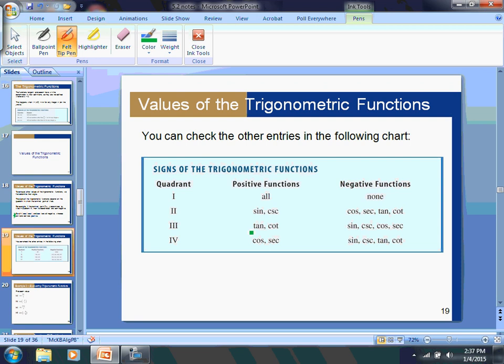In the third quadrant, tangent and cotangent are going to be positive because you have a negative divided by a negative. And in the fourth quadrant, only cosine and secant are going to be positive. Okay? So again, if you want to remember what values are going to be positive in which quadrants, that's fine. Or you can just work through the process and your positives and negatives will all cancel out or stay as they need to.